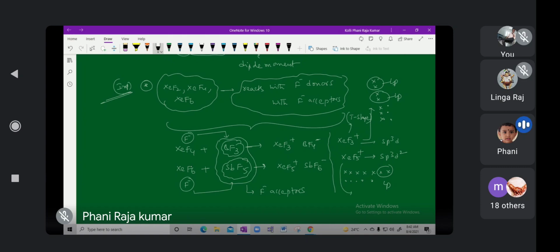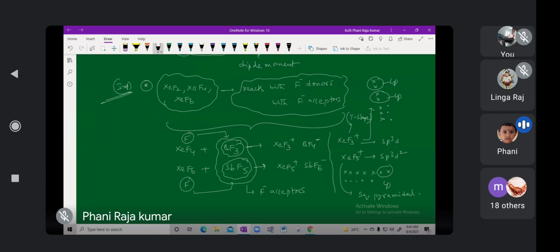In sp3d2, one lone pair gives a square pyramidal structure. Two important examples supporting reaction with F minus acceptors.